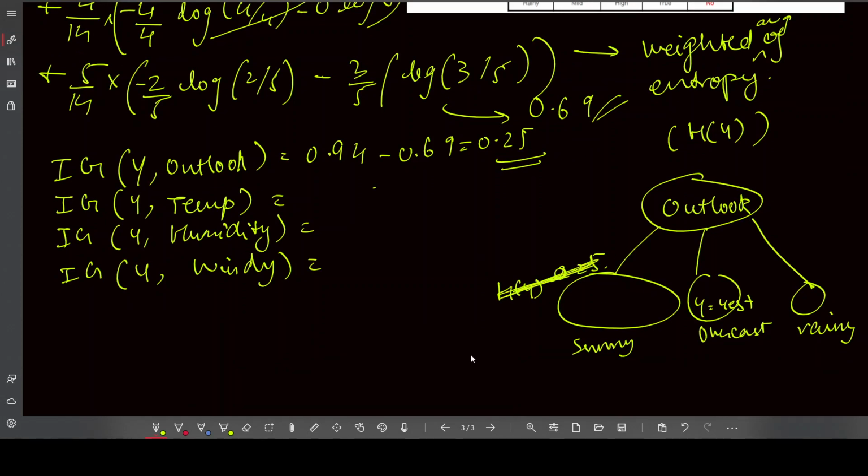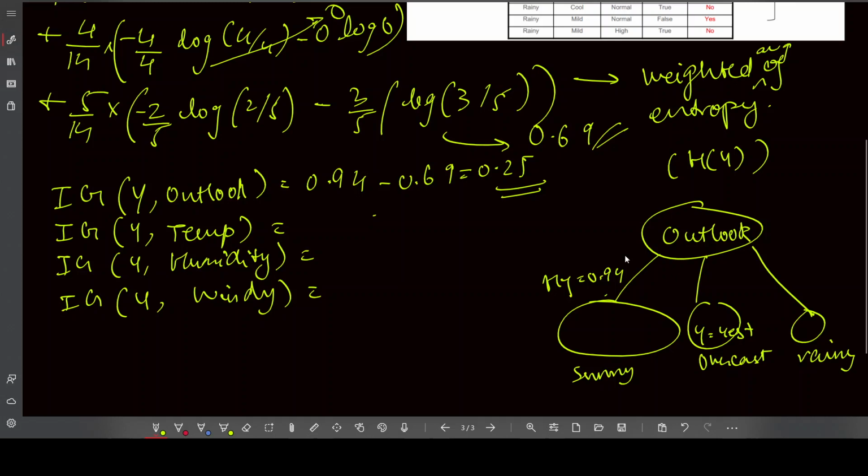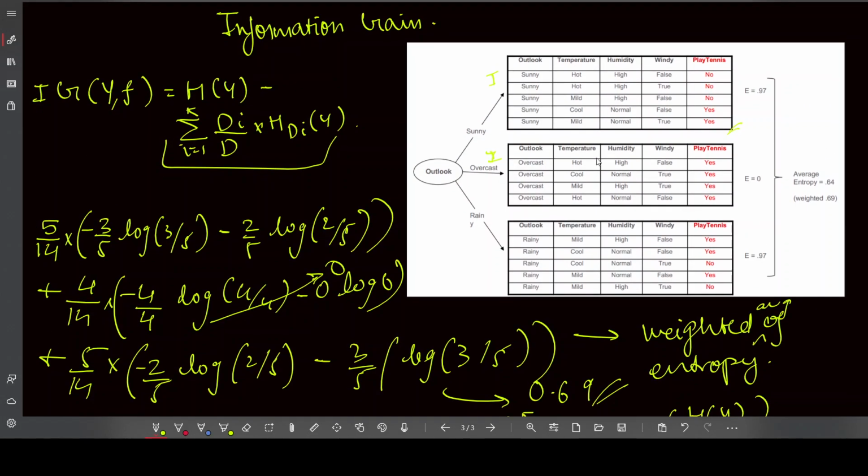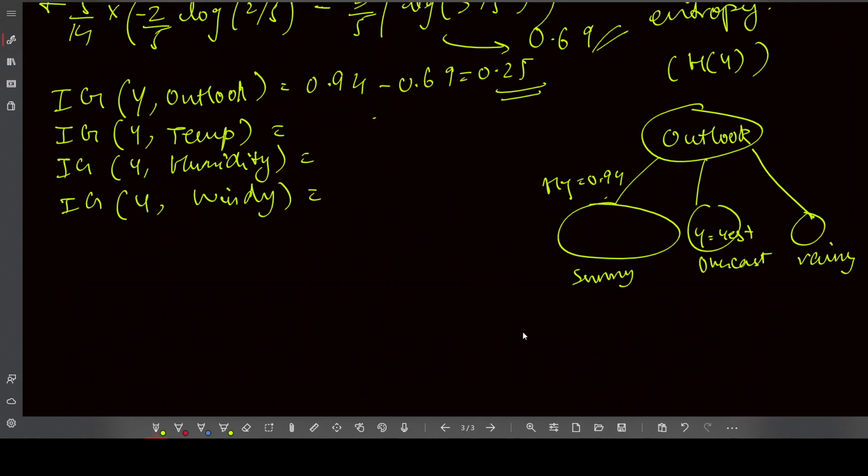Okay, no, I'm sorry, H of y is not 0.25. H of y is still 0.94, right? And now I'm not going to consider Outlook as one of the features. I'm going to take temperature, humidity, and windy, follow the same process all over again, and see what gives me the highest value of information gain.